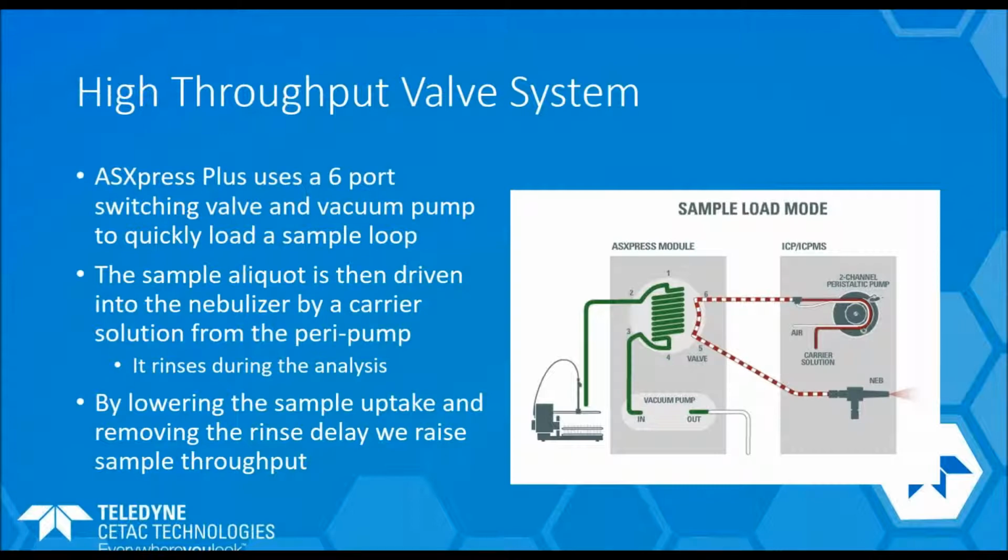So essentially, it's like you have a stream of rinse solution, carrier solution coming off of your peristaltic pump, and then you insert an aliquot of sample via the sample loop into that stream, which is then carried onto the nebulizer for analysis. Because it's being delivered by a rinse solution, the loop is rinsed out during the analysis time.